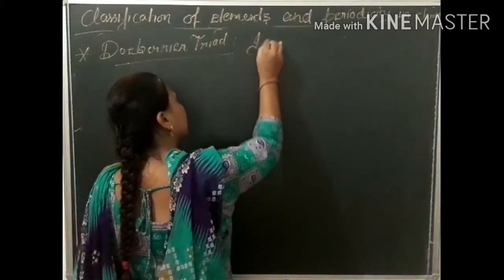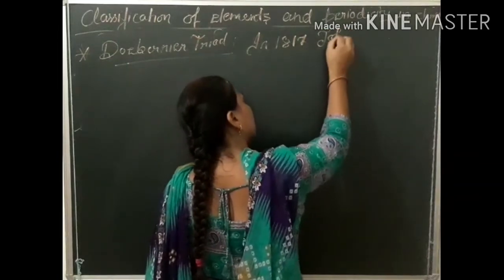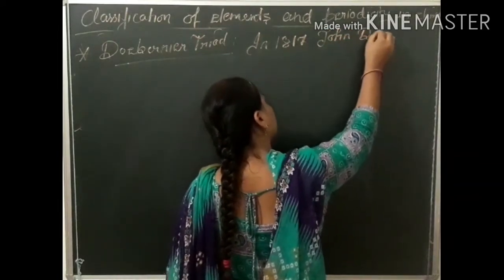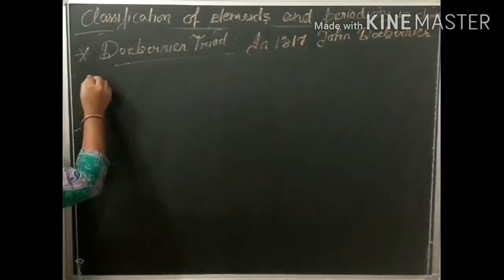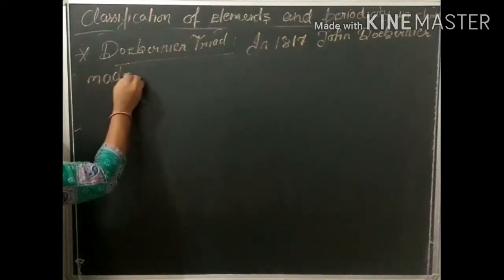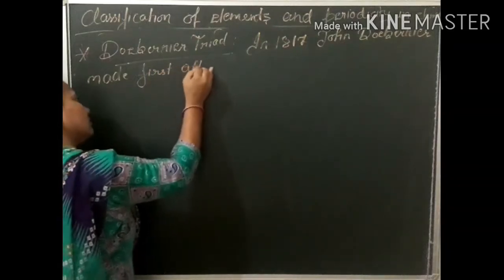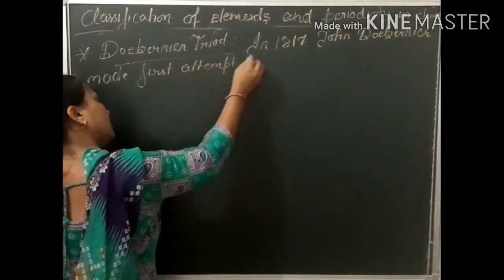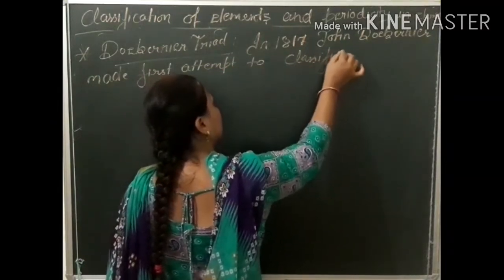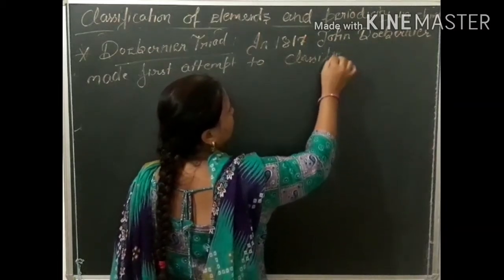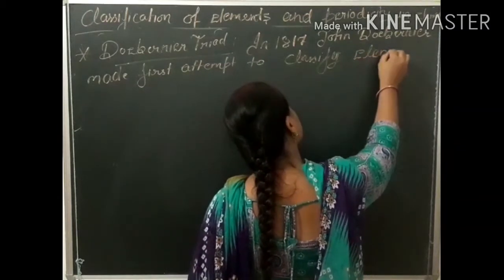In 1817 John Dobereiner made the first attempt to classify elements.